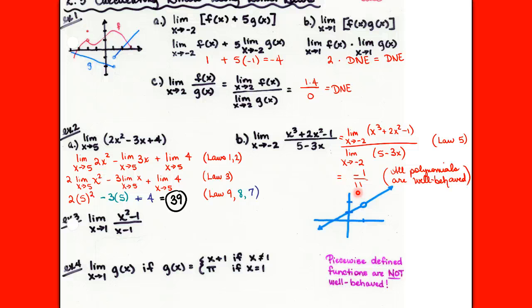So now I just proved something else, right? If a rational function is just a polynomial divided by a polynomial, and I have law number 5, I can break it up into the two separate limits, and I have the law that all polynomials are well behaved. Once I break it up, what did I just prove?